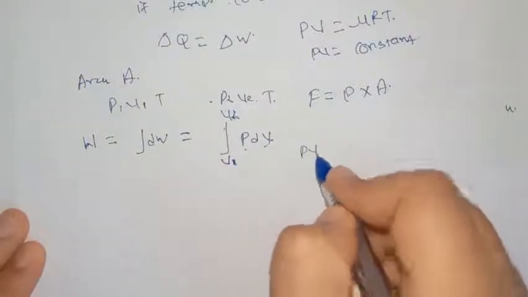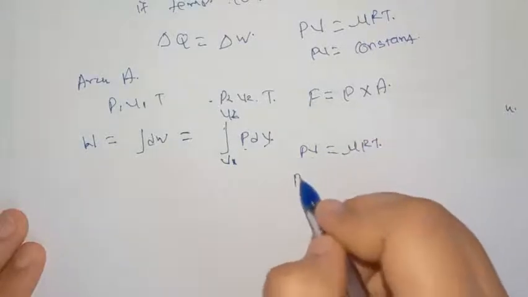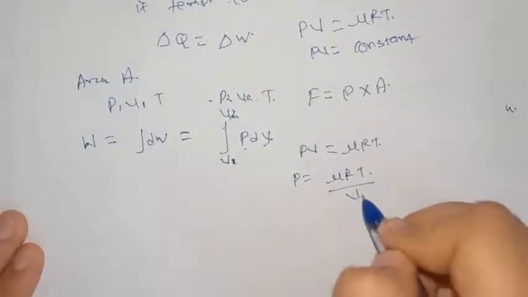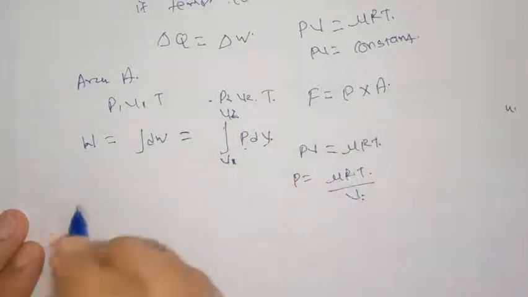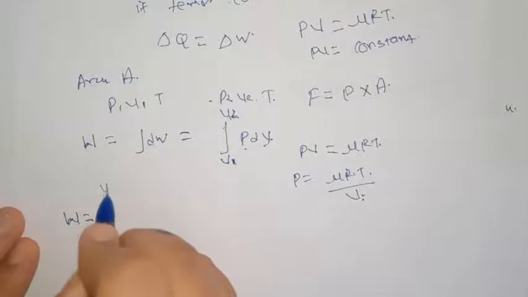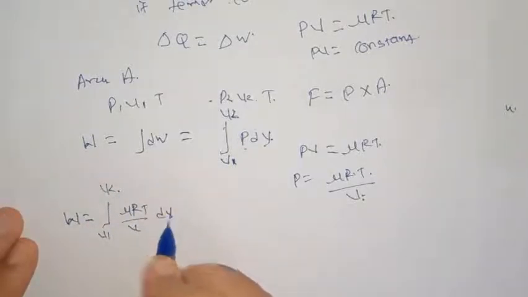So from the ideal gas equation, PV is equal to μRT, we can write P is equal to μRT upon V. So W will be equal to the integration from V1 to V2 of μRT upon V dV.